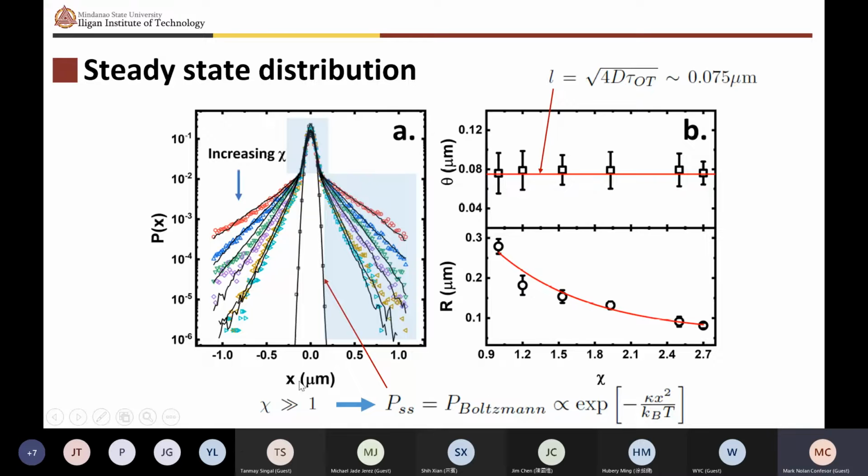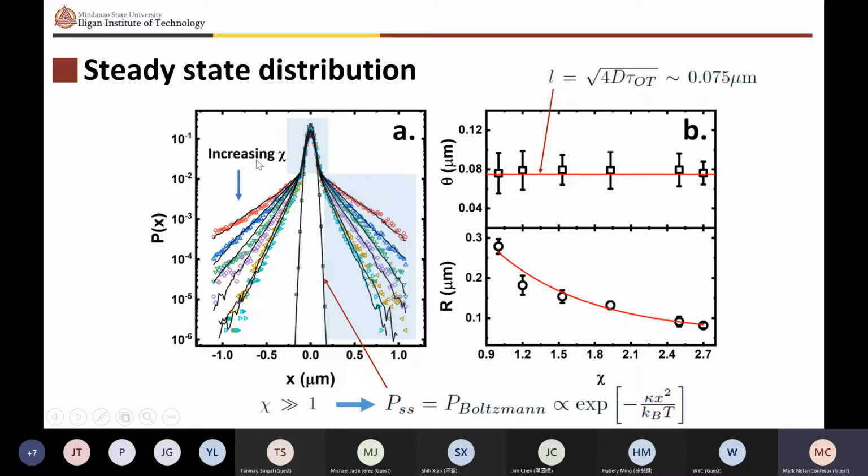We know from statistical mechanics that a harmonic oscillator in the thermodynamic limit is given by the Boltzmann distribution, e to the negative U over kT, so you have something like minus 1/2 k x squared over kT here. So we did recover the equilibrium condition wherein there's no turning the laser on and off, it's just on all the time.